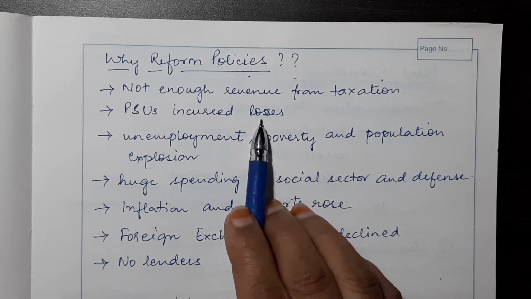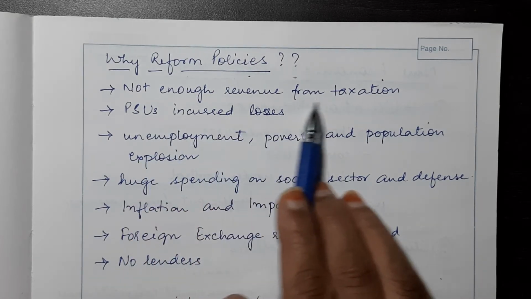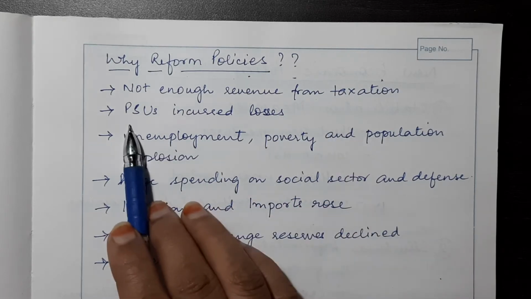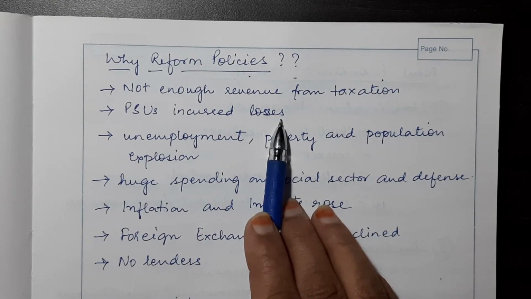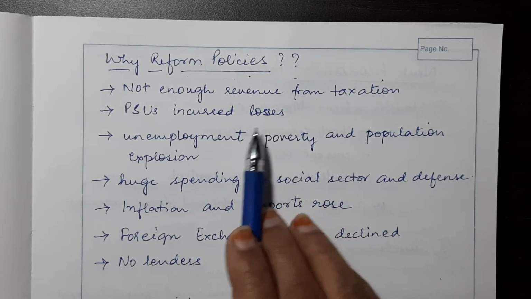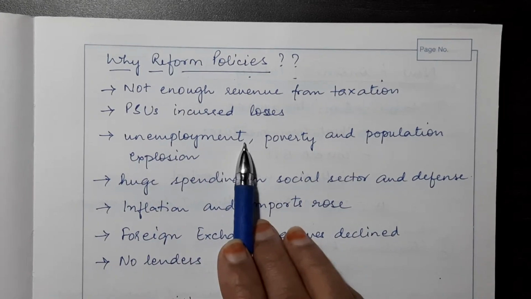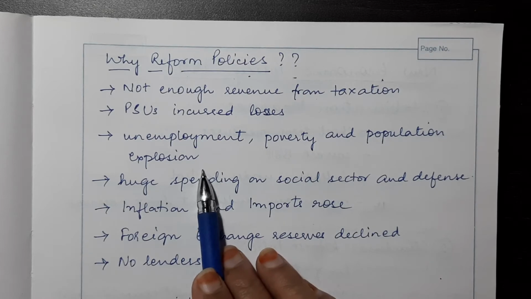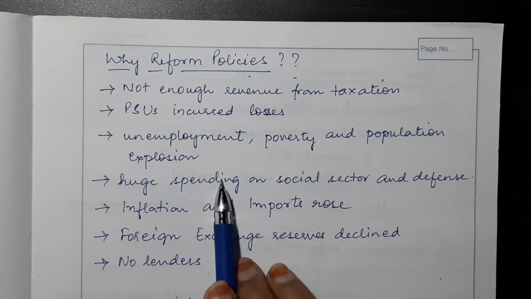Why did that happen? Because we did not have enough revenue from taxation. And then the public sector units incurred heavy losses. Increase in unemployment, poverty, population explosion, all these contributed to losses.